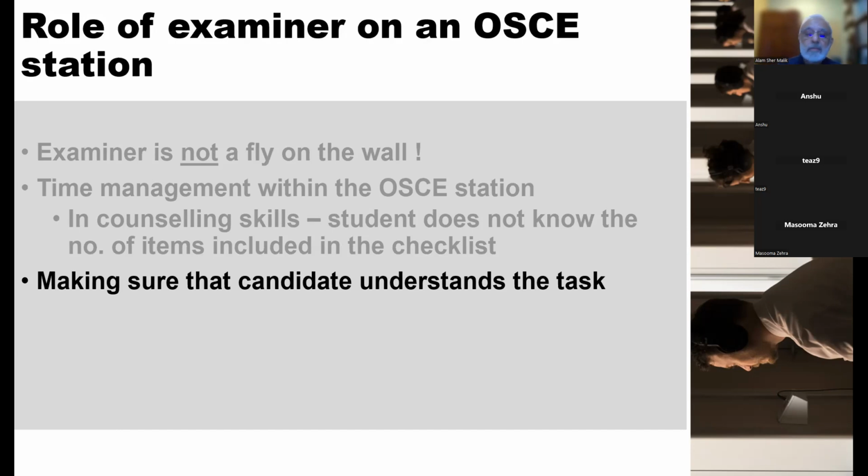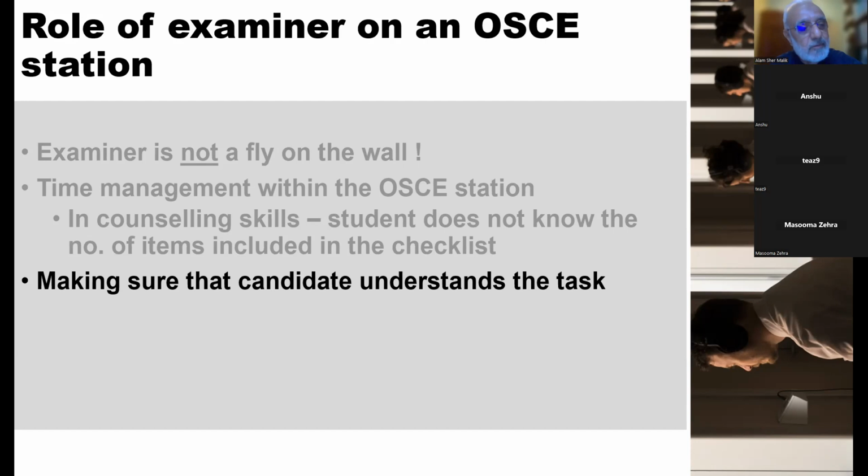Many times, I give this example. The OSCE says to examine the precordium. When I ask the students what they think their task is, they say, my task is examination of CVS. They start with the examination of CVS and waste time there.